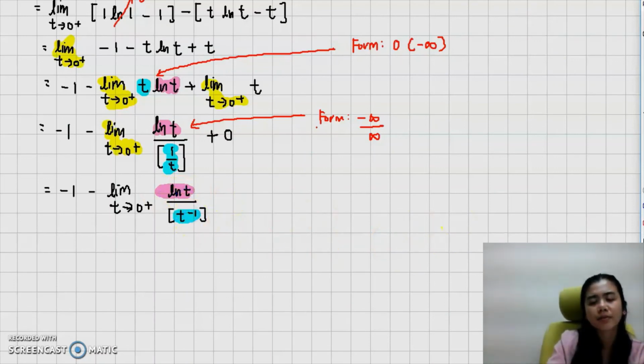Let's apply the L'Hopital here. If you apply the L'Hopital, for ln t you have 1 over t. What happened to here? This one you will have minus t to the power of minus 2.